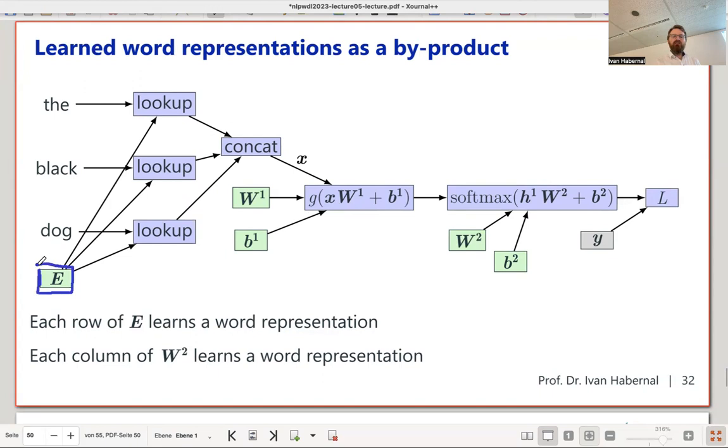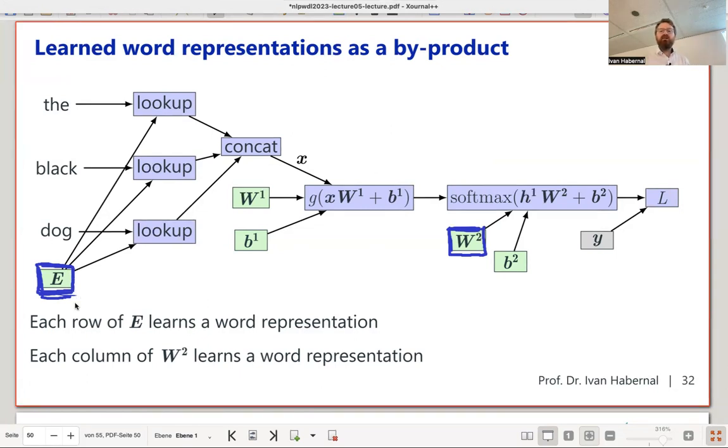This one will be learned, and also the columns here will be learned. They have different meanings. But what we're mostly interested in is this representation of words here, the embedding matrix. This is what you're going to use for representing words in the lookup.